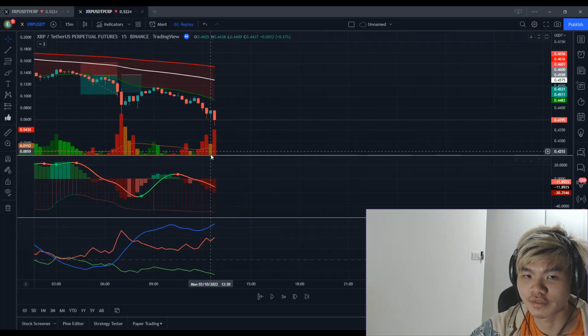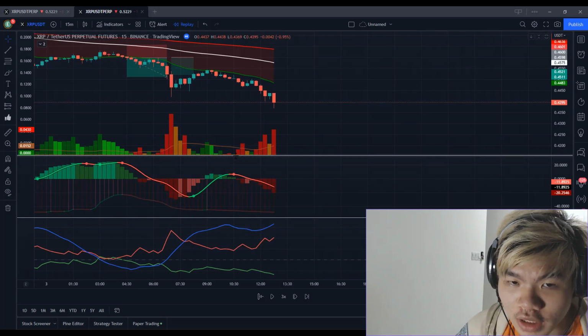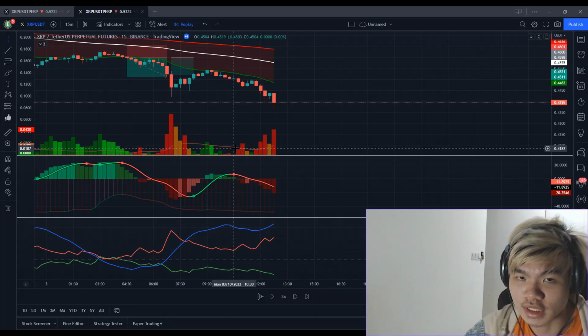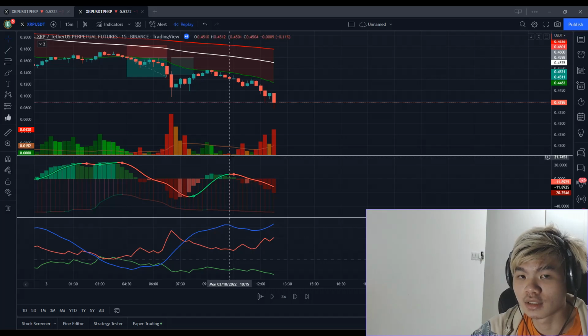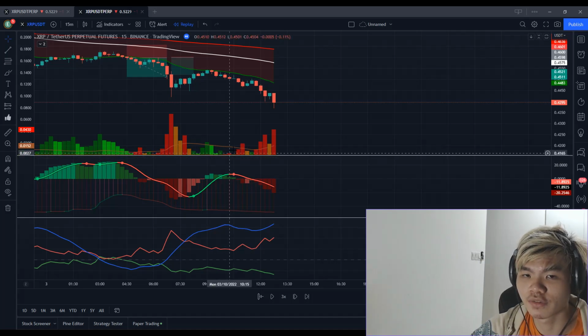It's a very hard to see orange color, which means that it's indecisive. Indecisive means that it's 50-50 between the bulls and the bears. It didn't pass the line, but we can see that this is the volume, and past volume was red, so we know that this means it will probably go up.